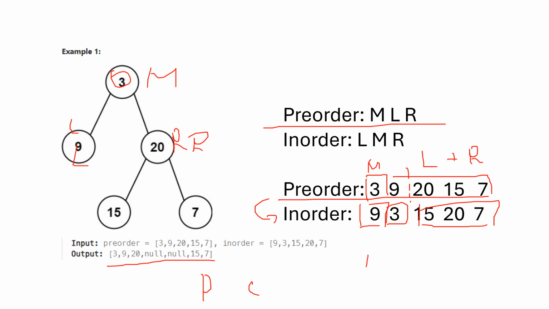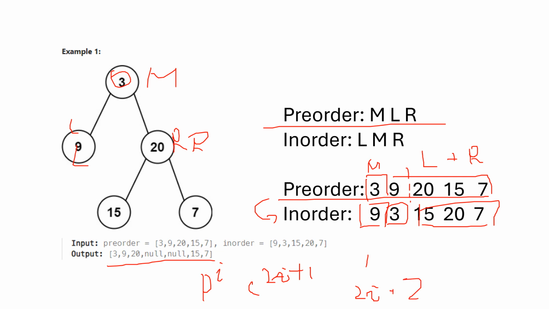If the parent index is i, then the two children in this kind of representation will be 2i plus 1, that's the left child, and 2i plus 2, that's the right child.